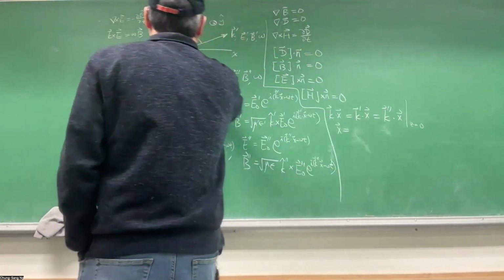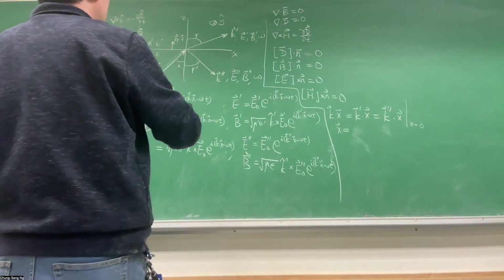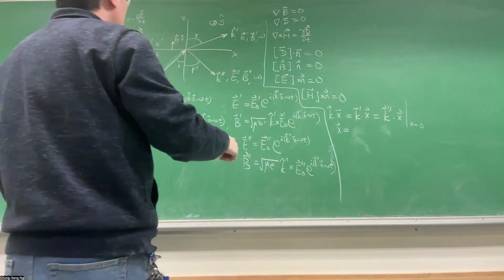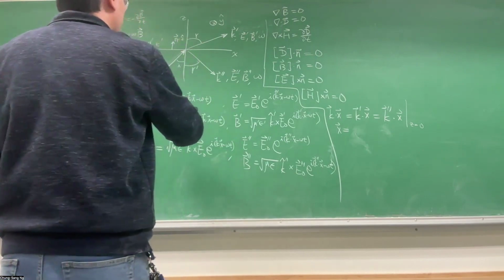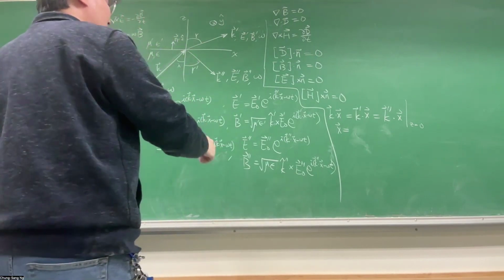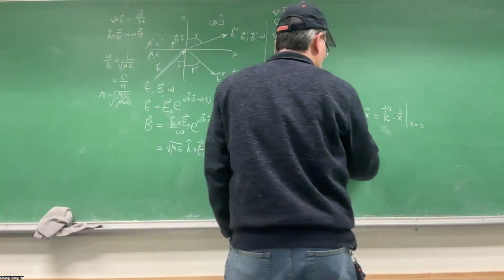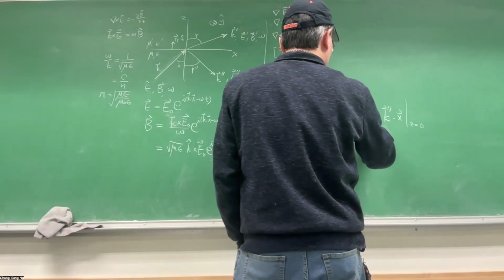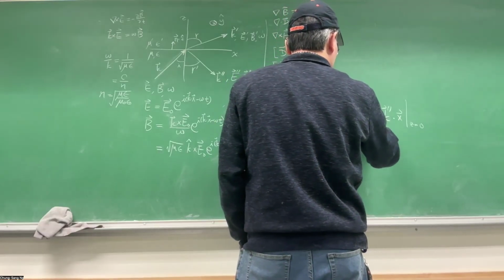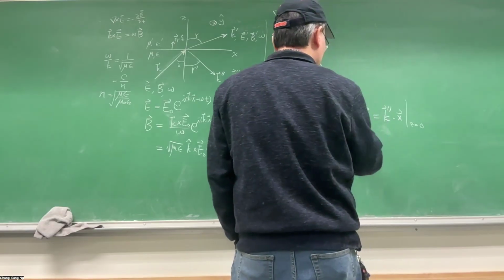Because k is along this direction, you might as well just say along the x direction and choose y equals 0. Okay, so x in the x direction, right?